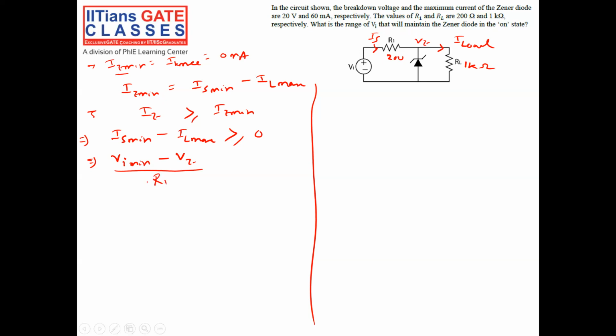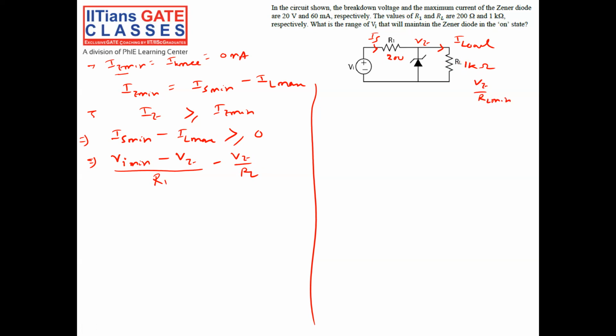If R1 would have been varying from minimum to maximum, I would have to take R1 maximum, minus I load maximum. I load maximum is Vz by RL minimum. But in this question, RL is fixed also, so I will take RL only, because IL maximum will be Vz by RL minimum.